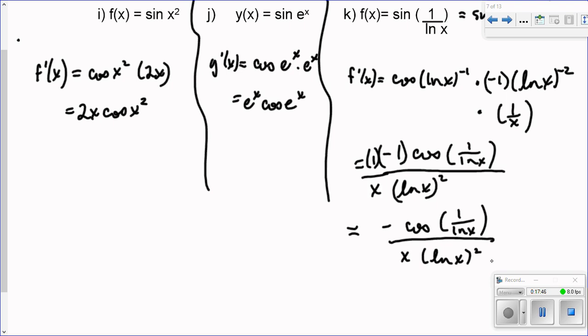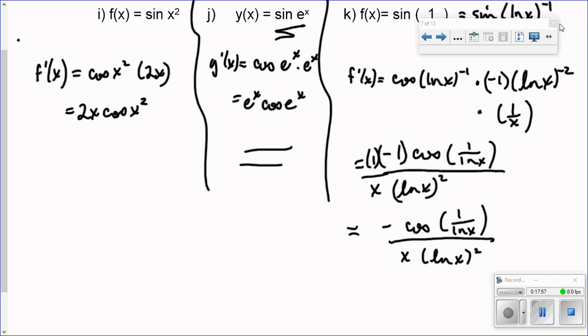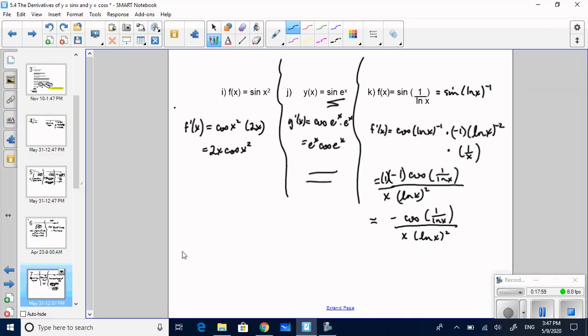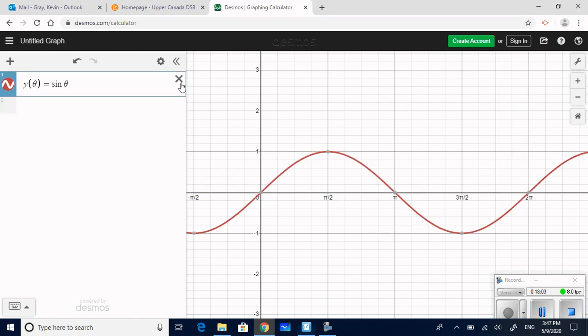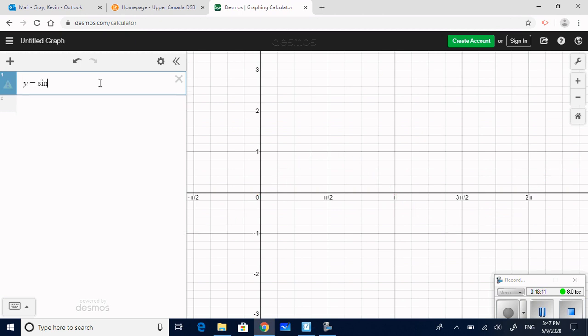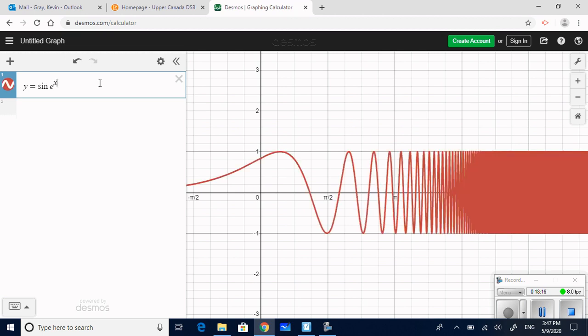I'm going to go and graph this middle one here just to see what this function looks like. This one might be pretty interesting, and then graph the derivative as well. So let me just set the Desmos for a second, and I want to graph the function. What was my function here? Whoa, that's crazy.